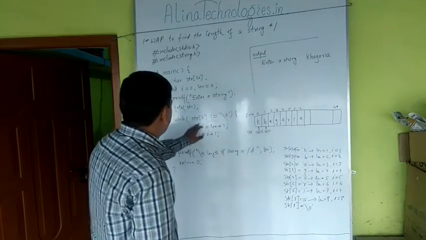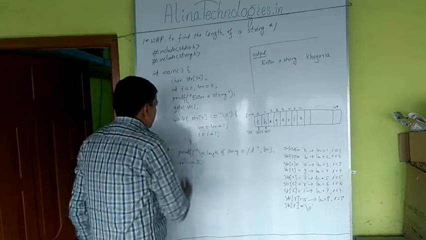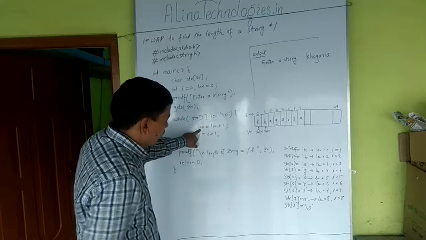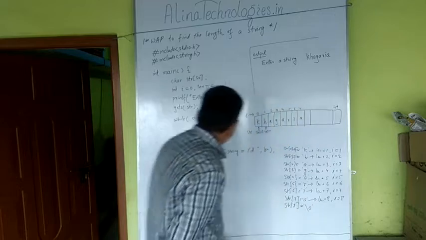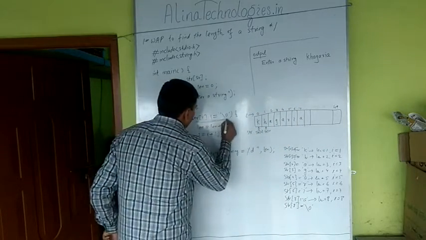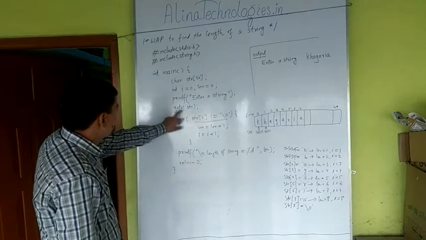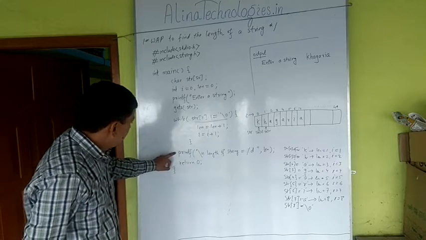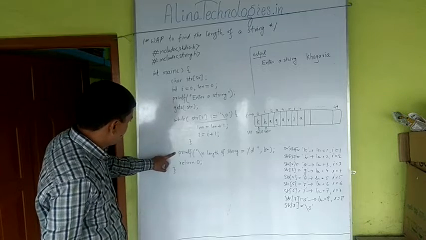This condition will be false. Whenever the condition is false, the total length has been calculated previously. The loop control will move out of the while loop, and we will execute the next statement.